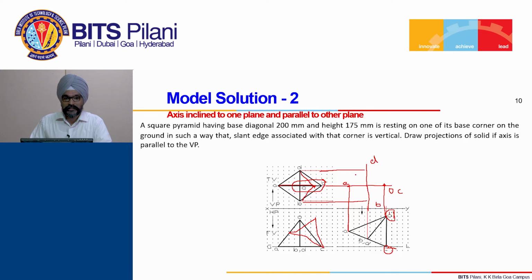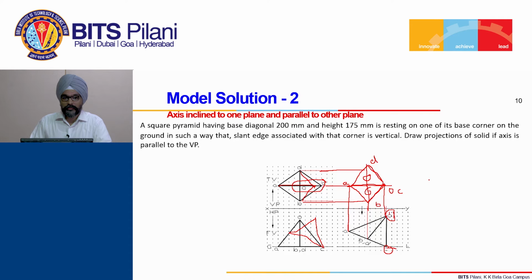We know that the base edges will be joined in the new top view. So A is to be joined to B, B to C, C to D, and D back to A. Now A is also joined to O, B is also joined to O, C is anyway coincident with O, and D is also joined to O. So overall, this is just the construction line, this is a construction line.